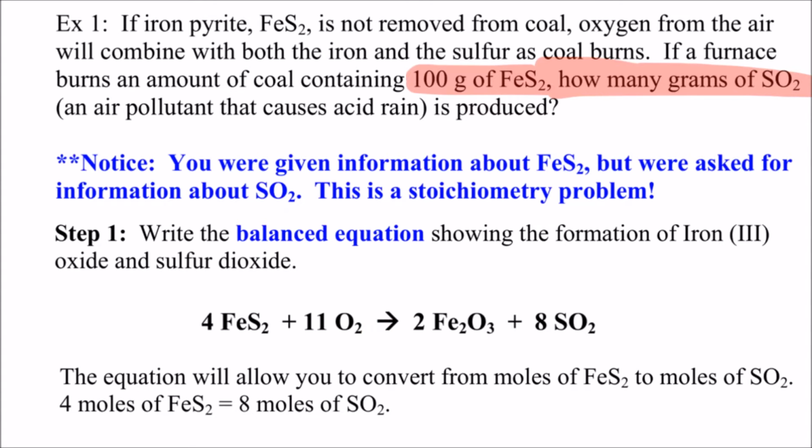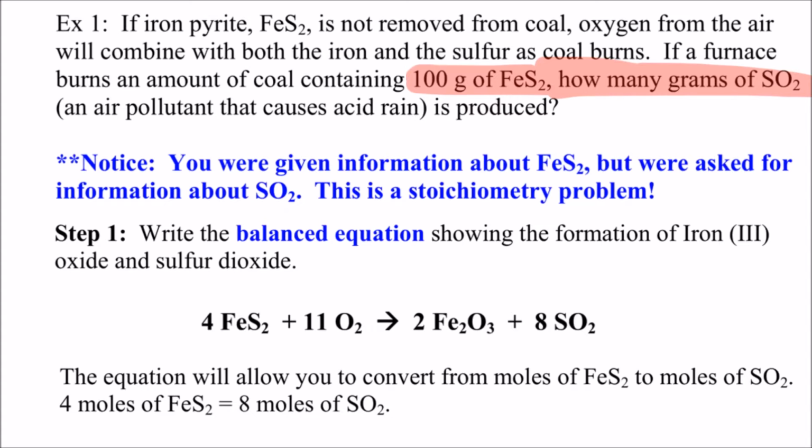And I told you back in the first 6 weeks, if you ever see one thing equaling another thing, then you are looking at a conversion factor. So we could say that 4 moles of this iron pyrite here is equal to 8 moles of sulfur dioxide. See, here's the equal sign. 4 moles of this is equal to 8 moles of that.